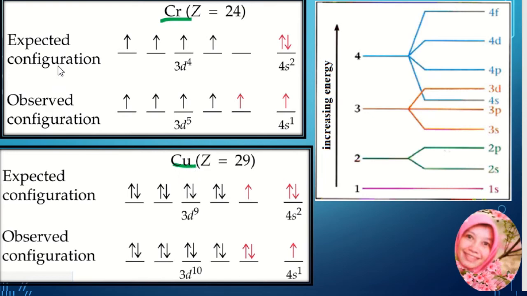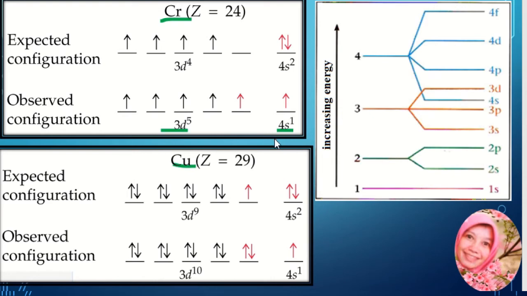We expect the electronic configuration of chromium to be 3d4 4s2. But experimental evidence shows that the observed configuration of chromium is 3d5 4s1. The experimental evidence indicates that some atoms achieve greater stability with electron configurations that do not conform to predicted patterns.